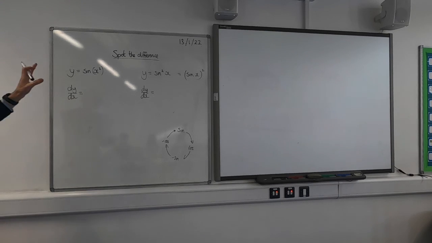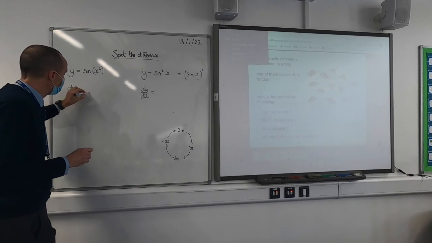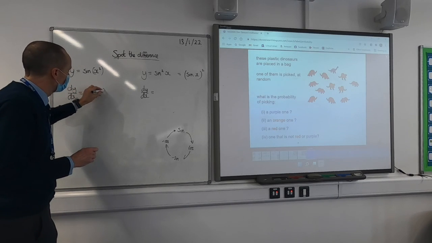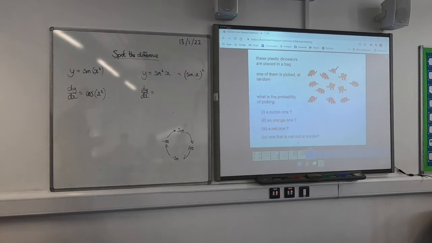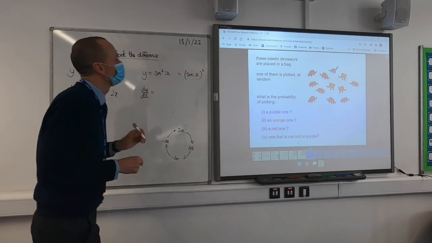So this one I differentiate just using the chain rule. So the sine of x becomes the cos of x. So the sine of x squared becomes the cos of x squared, multiplied by what you get when you differentiate the bracket, which in this case is 2x.